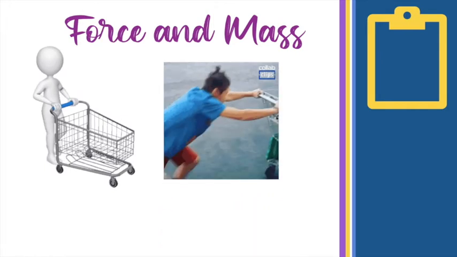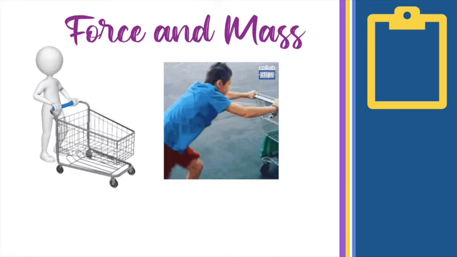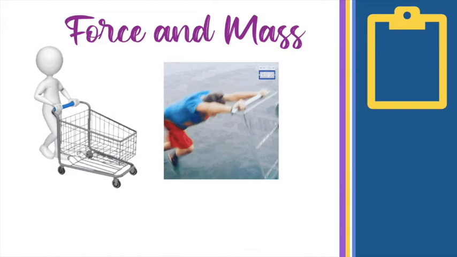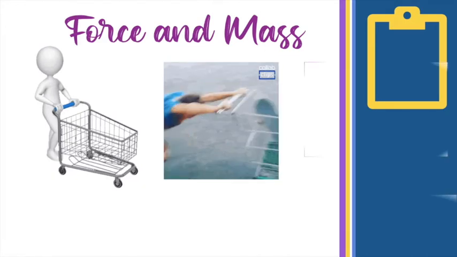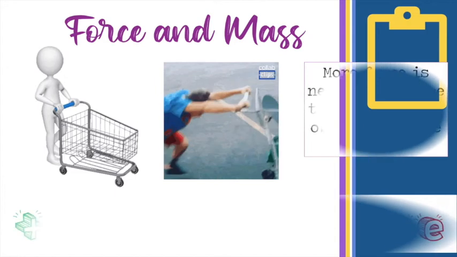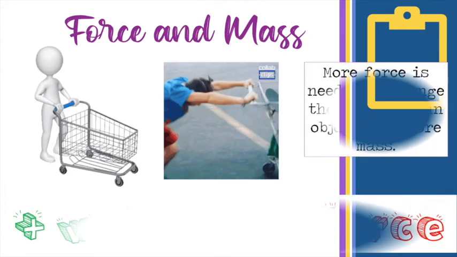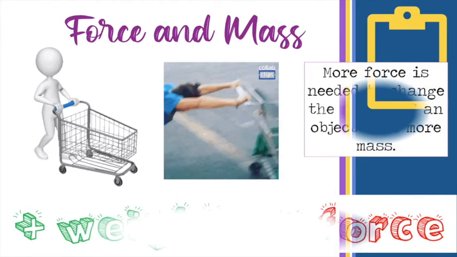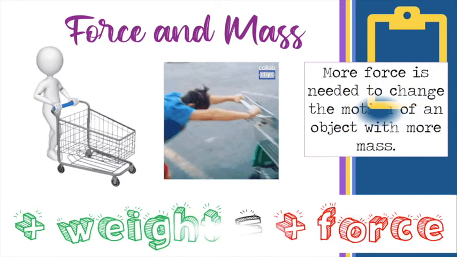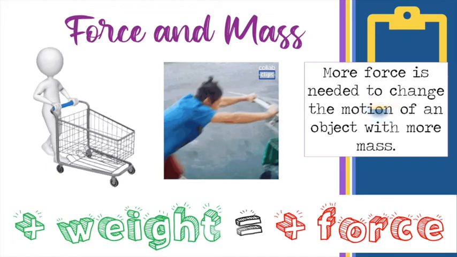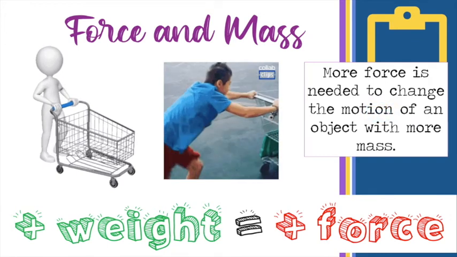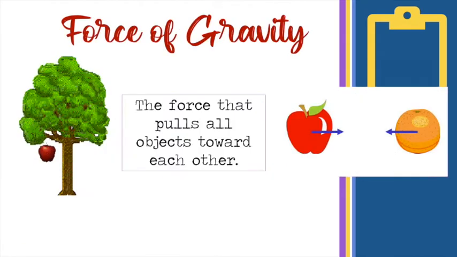But when we try to push an object which is heavier or which has more mass, it's going to take more force. So we can infer that more force is needed to change the position or the motion of an object with more mass, which means more weight, more force.